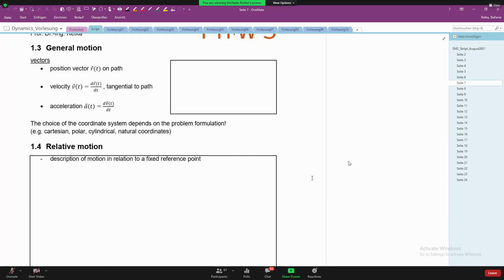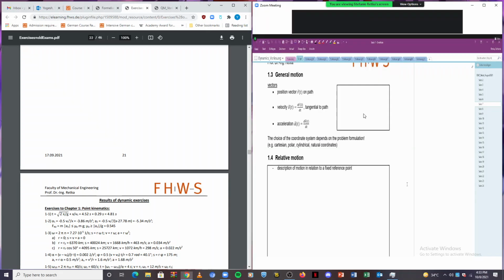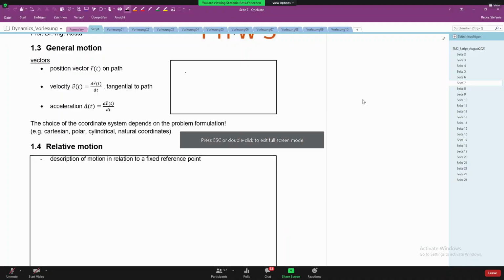We have a motion that is somewhere in between, like a general motion. Now the most important thing you have to understand in chapter 1 is what we will do now. You have to understand how to describe a general motion. General motion means we have some arbitrary path, for example, like this.